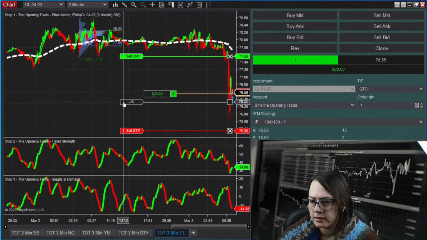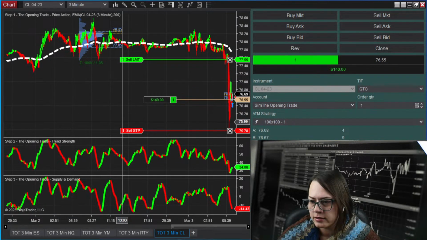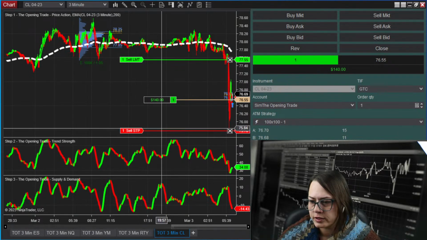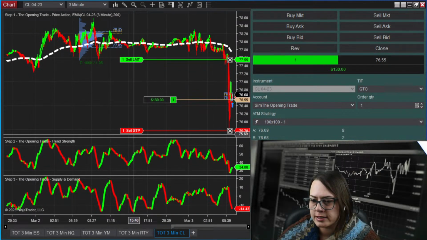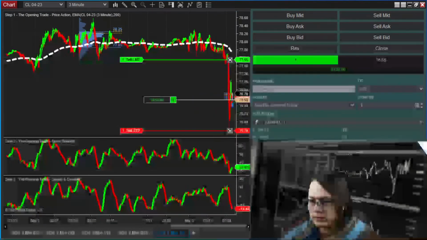So I'm going to bring my stop, the stop is the red bar, and I'm going to bring it to just below the swing low.